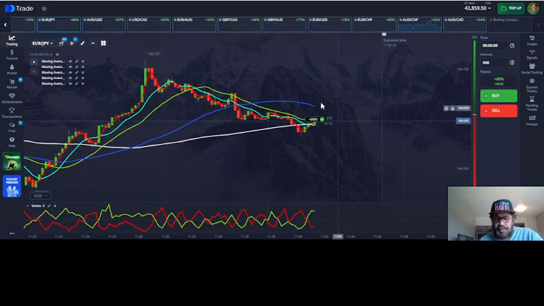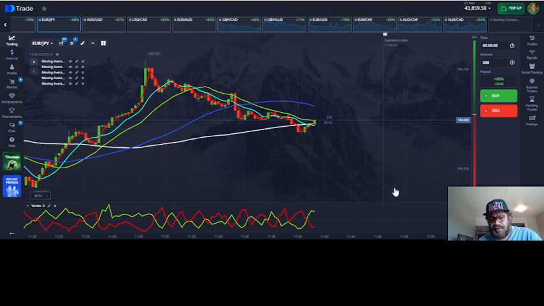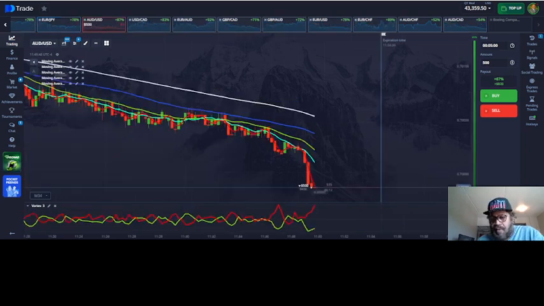Okay, so that trade was also in the money, based on the signal here, the Euro JPY short. Now I'm going to pause the video and wait for another 5 minute signal.